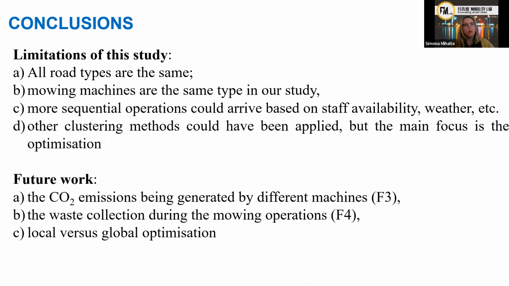As future work, one of the objectives the company wants to include is this: so far we have an approach for minimizing the total cost and also the total utilization time. But eventually what they want is to reduce the CO2 emissions generated by different machines.